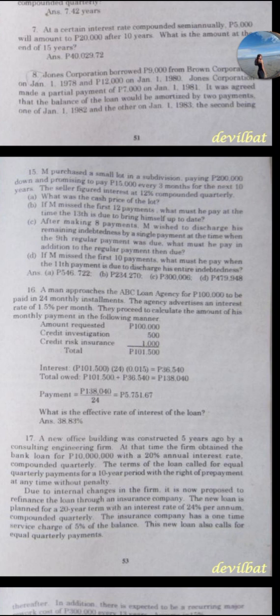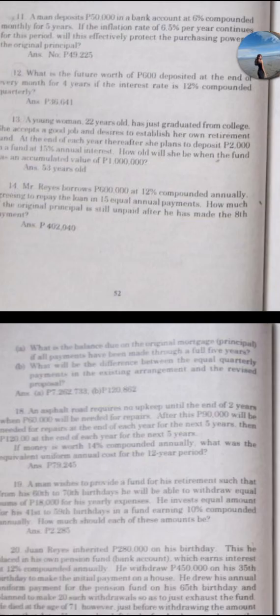Due to internal changes, the firm proposed to refinance the loan through an investment company. The new loan is planned for a 20-year term with an interest rate of 24% per annum, compounded quarterly. The insurance company has a one-time charge of 15% of the balance. This new loan also calls for equal quarterly payments.